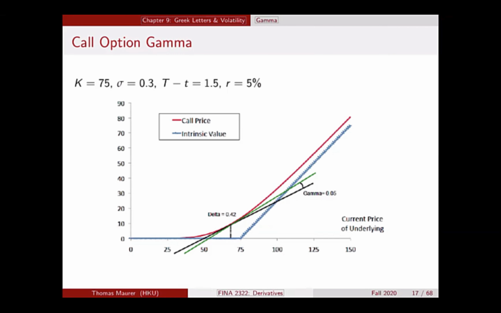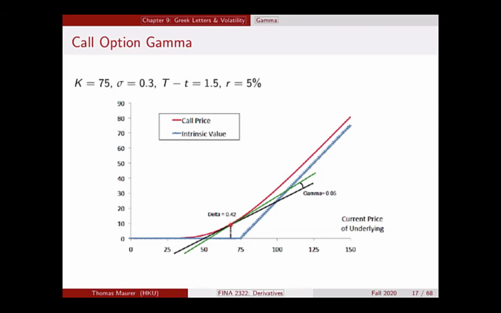We have seen before this red curved line, that's the price of a call option. The delta was measured by the slope of that red line at some point. So for example, if the underlying asset price is $70, then the delta is 0.42.